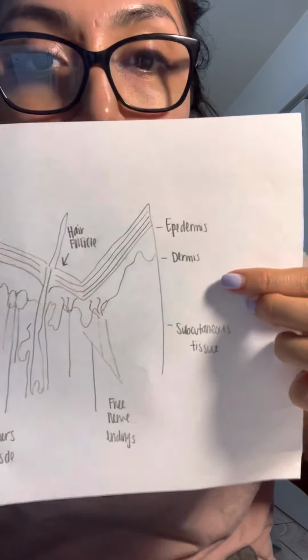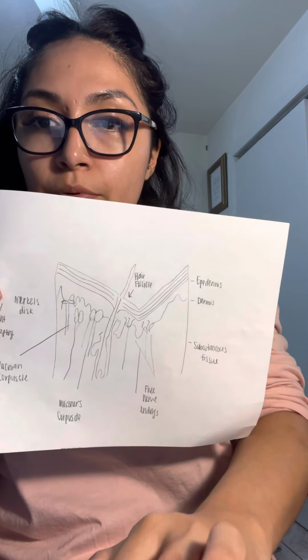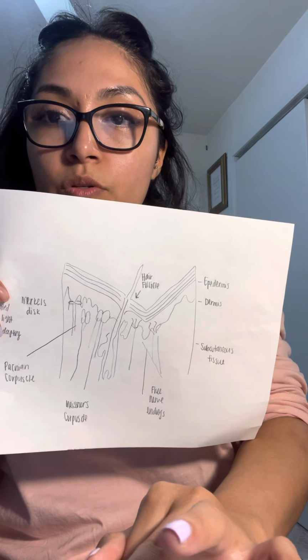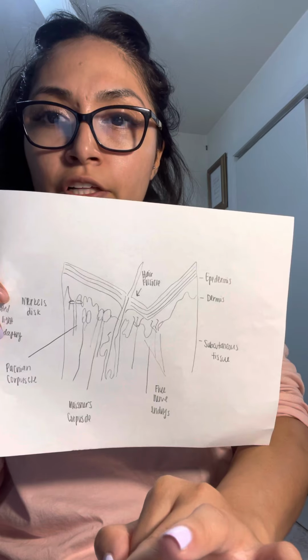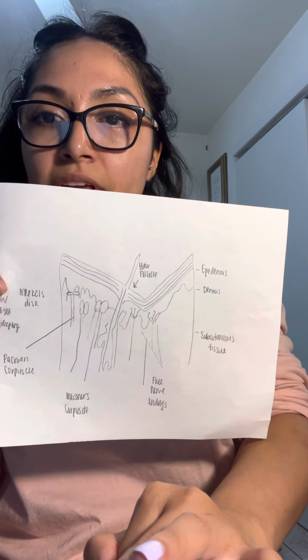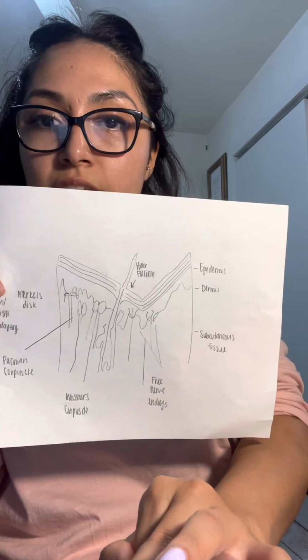And then the dermis, which is right here on my diagram up here. This is a fibrous structure that is composed of collagen, elastin, and other extracellular components that include vasculature, nerve endings, hair follicles, and glands.